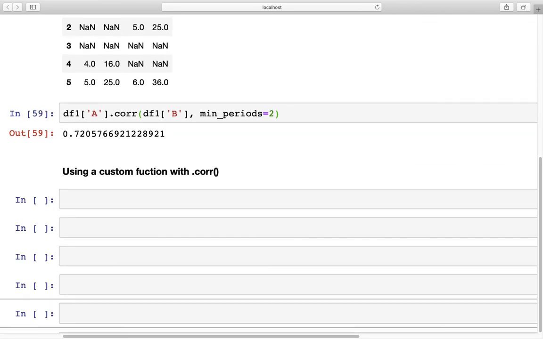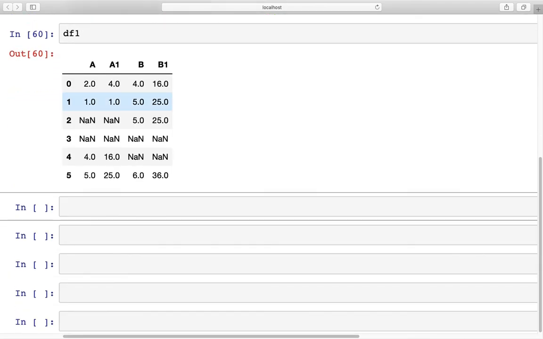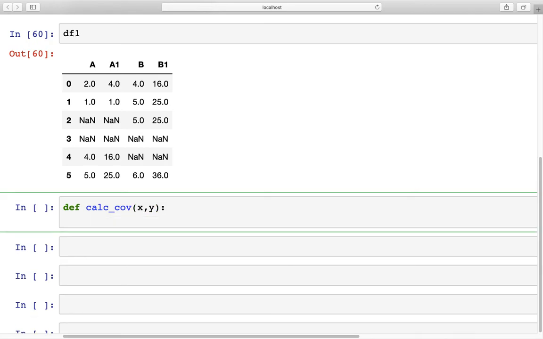And for this, what we can do is create a function to calculate the covariance. So df1 is the data frame we are using, and the function we'll create is def covariance, and it takes x and y.